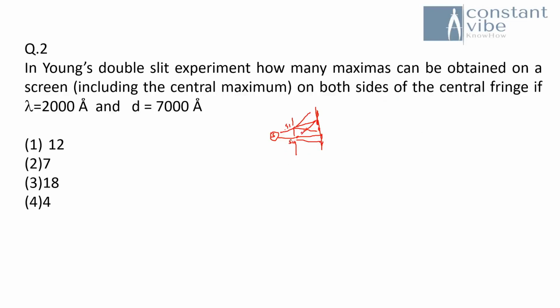D is provided here. d is equal to 7000 Angstrom, that is 7000 into 10 to the power of minus 10 meter. This distance is the D, and the wavelength lambda is provided, 2000 into 10 to the power of minus 10.